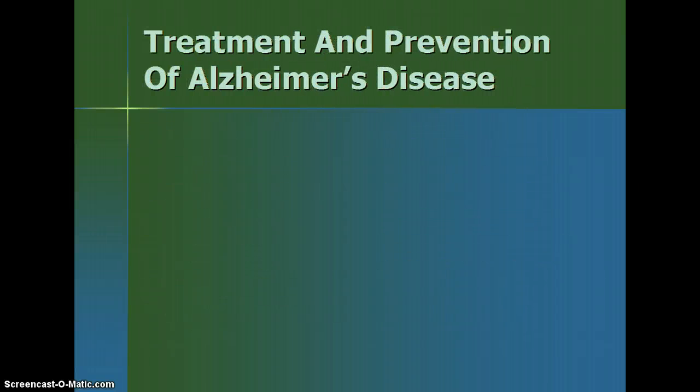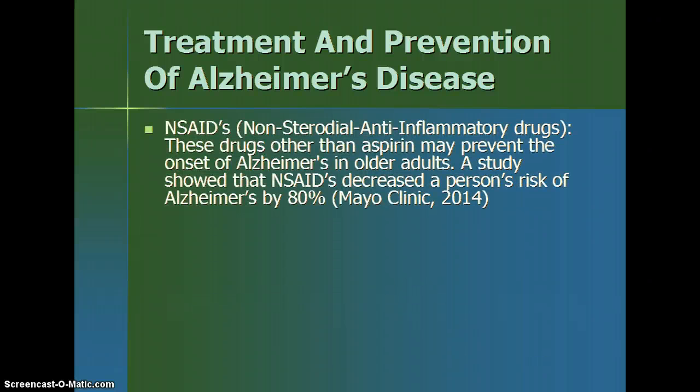Here are some treatments and preventions of Alzheimer's disease. Some drugs that I've found are NSAIDs, non-steroidal anti-inflammatory drugs. These drugs, other than aspirin, may prevent the onset of Alzheimer's in older adults. A study showed that NSAIDs decreased a person's risk of Alzheimer's by 80%.